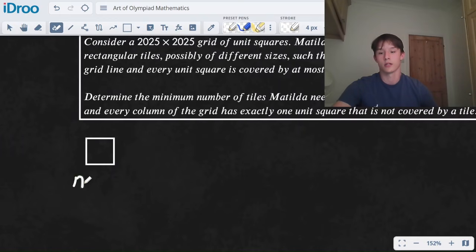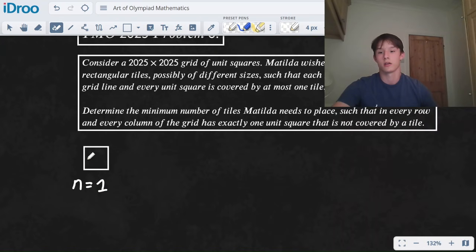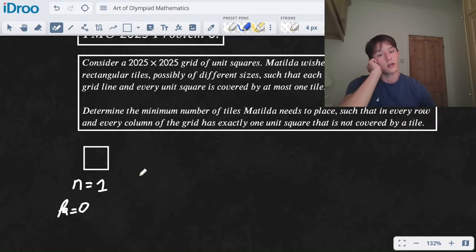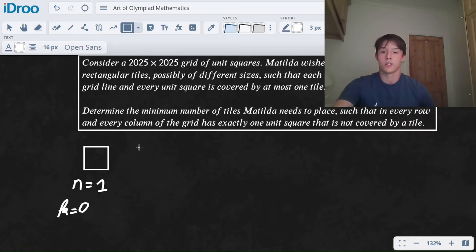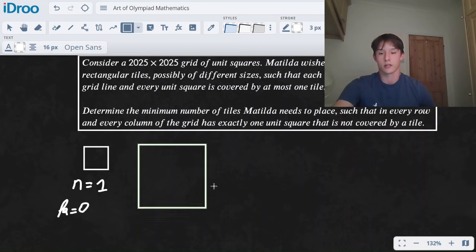So let's suppose n equals 1, where n is the side of the square. Then we want this square not to be covered, so the answer would be 0. Let's label the answer k. So k will be 0 in this case, because we don't need to cover anything, everything is already done.